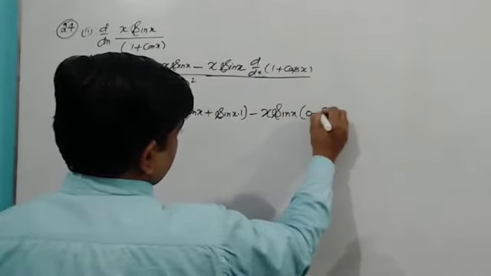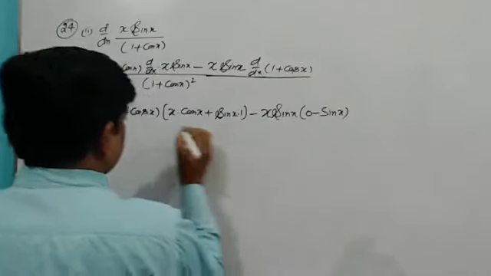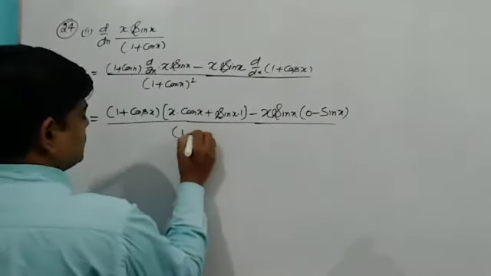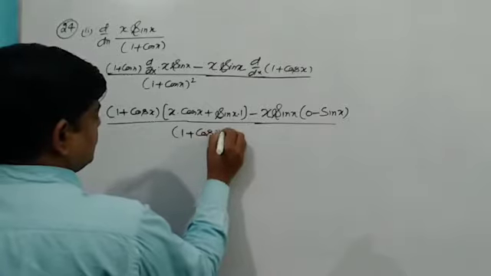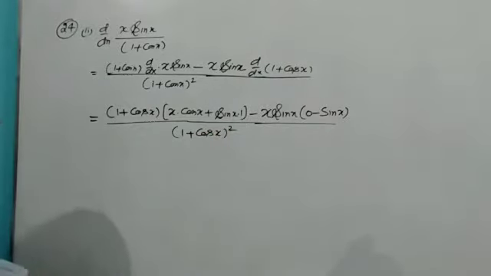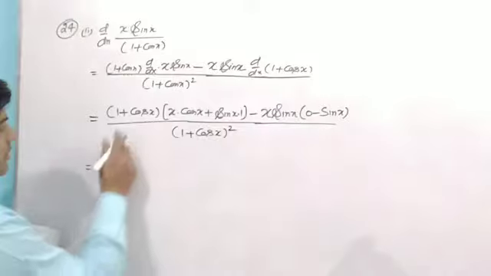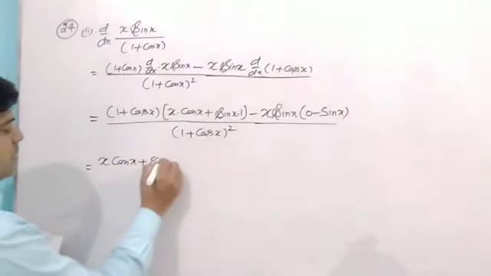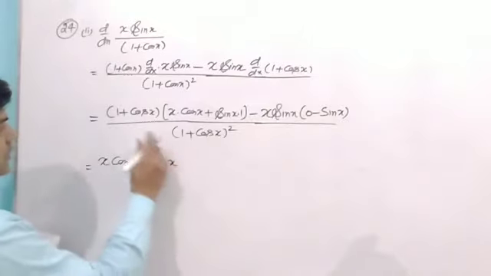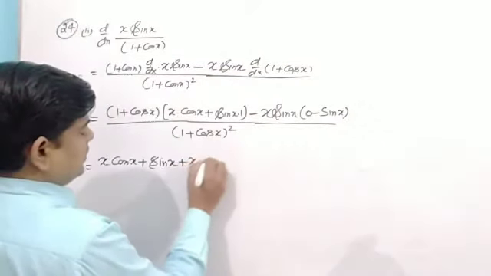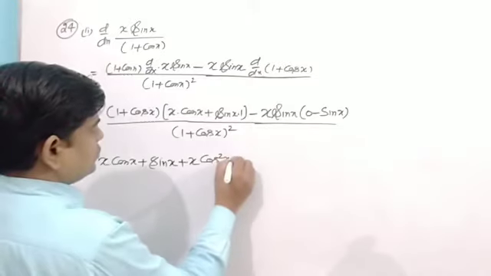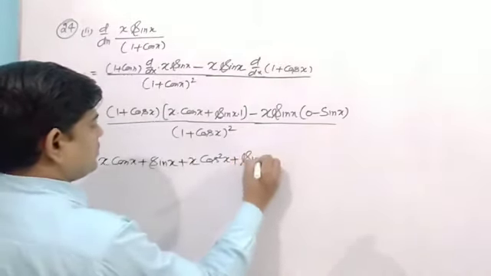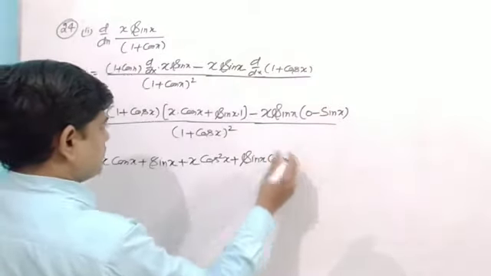minus x sin x. It is 0 minus sin x, whole upon it is 1 plus cos x the whole square. And now you can multiply to simplify it. It is x cos x plus sin x plus x cos square x plus sin x cos x.